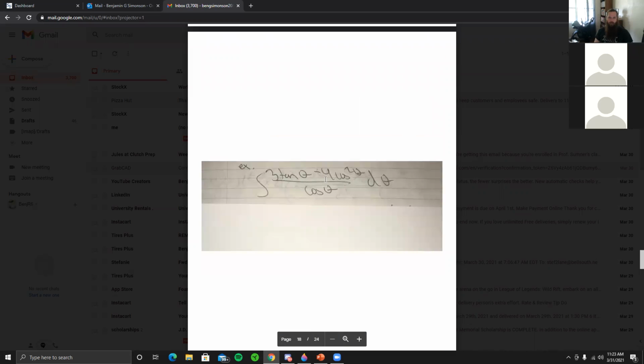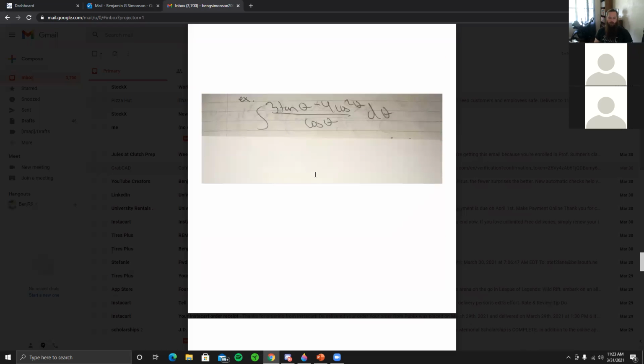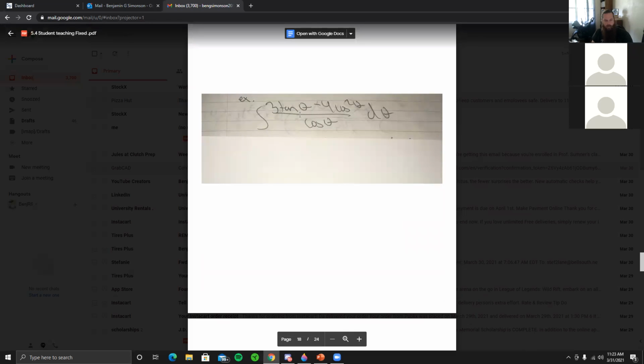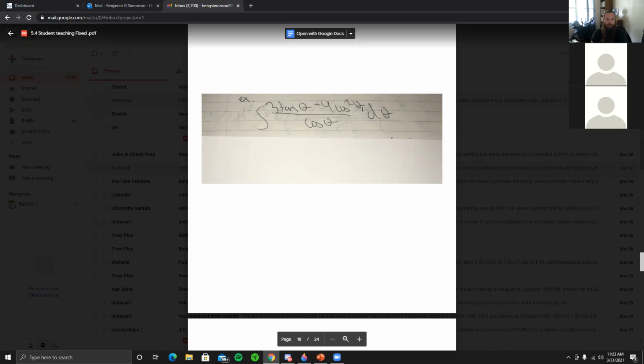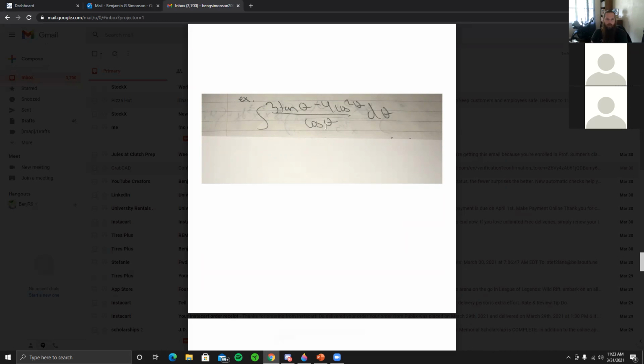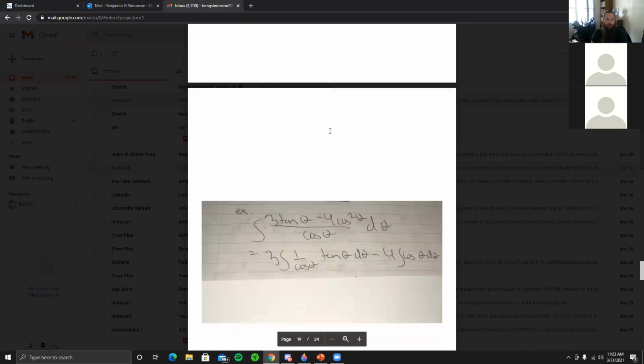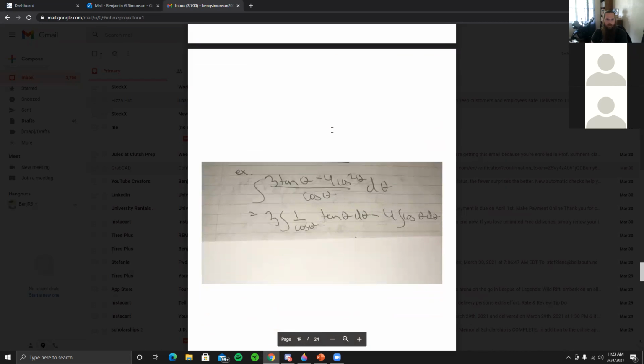So making an account of that, moving into this function, we have 3 tan theta minus 4 cosine squared theta, all over cosine theta, d theta. So the first thing you want to do is split up the function. So we can have 3 tan theta over cosine theta d theta minus the 4 cosine squared theta over cosine theta.